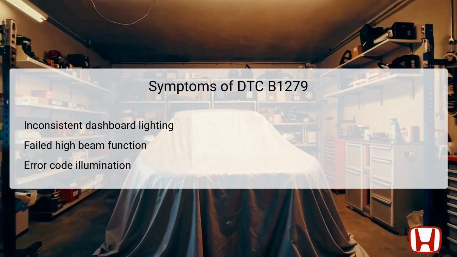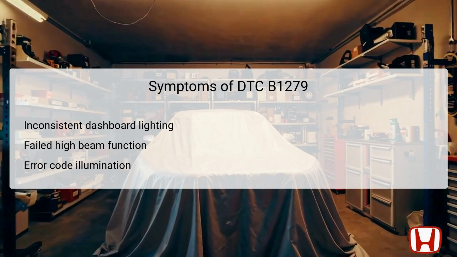Symptoms associated with DTC B1279 often manifest as inconsistent dashboard lighting, meaning some or all dashboard lights may not function properly. Drivers may notice that the high beam function fails to activate reliably when the dimmer switch is adjusted. Additionally, the illumination of the check engine light or a dedicated error code indicator on the dashboard is another common symptom.